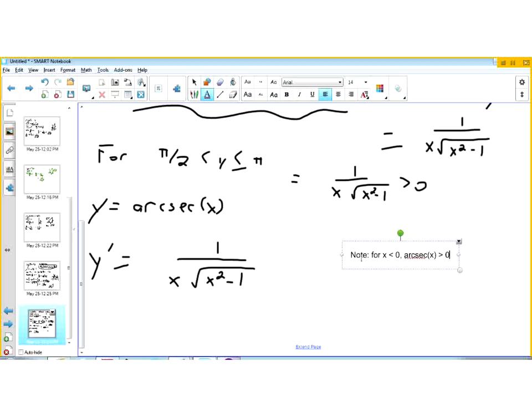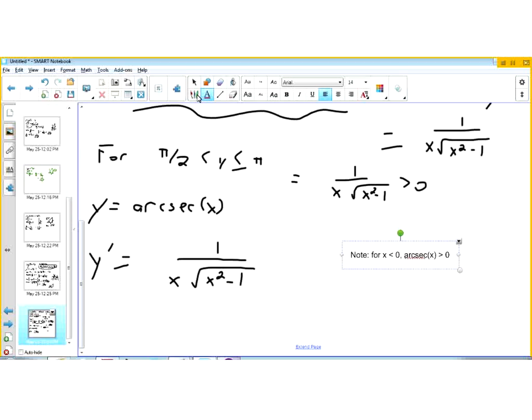Okay? All right, so let's look at what we've derived for the derivative of the arcsecant function. We can see that if we were to plug in a negative number into y prime, the output would be less than 0. So how do we guarantee that when we plug in a negative number for x, the output for the derivative will be greater than 0?